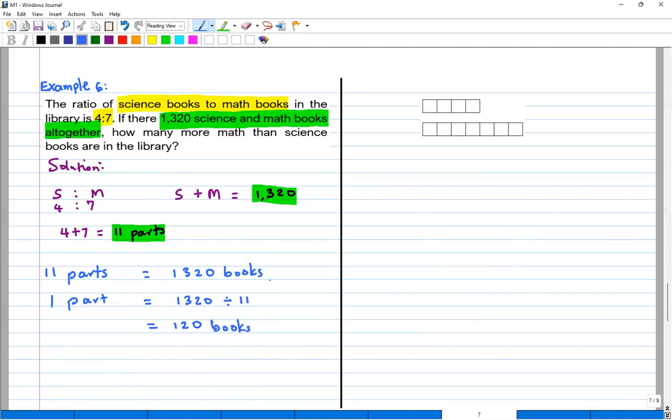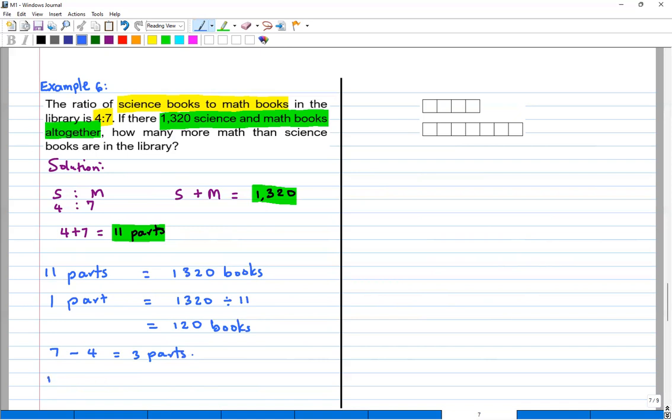Now, to know how many more math than science, we are going to get math minus science. So it means that we are going to get their difference as 7 minus 4, and this will be 3 parts.